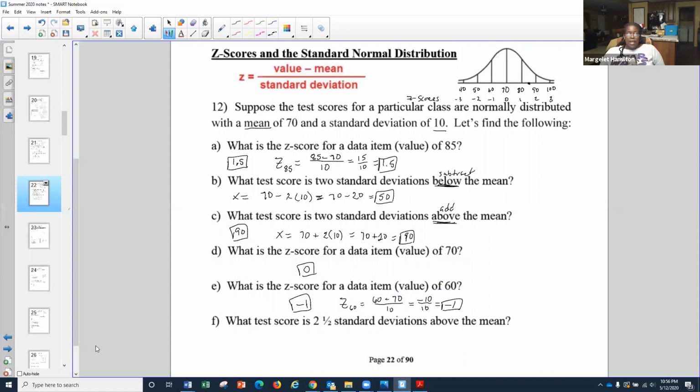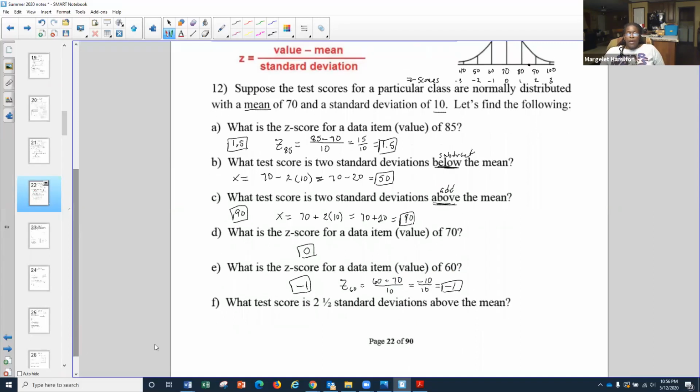All right, last one. Says what test score is 2.5 standard deviations above the mean? So again, we're looking for a test score, right? X equals. That is 2.5 standard deviations above the mean, above, right?